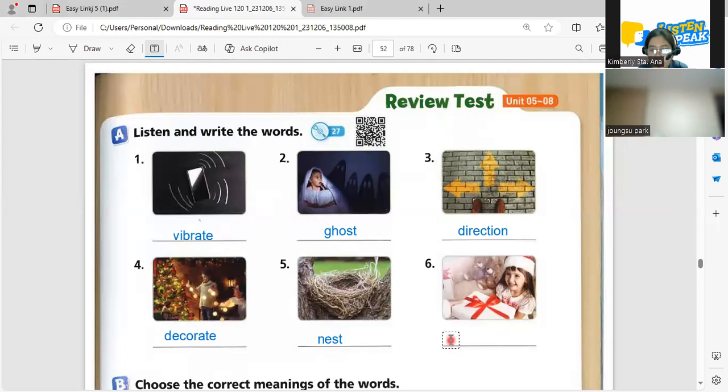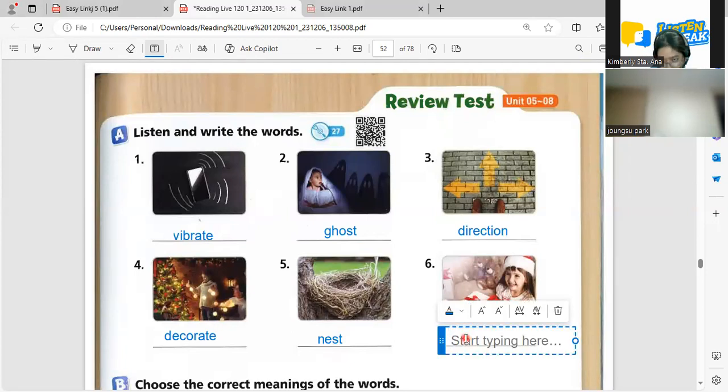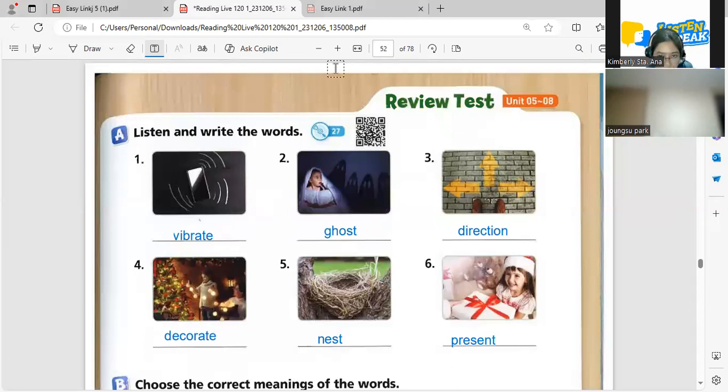How about number six? Number six is give a gift, or we call it a present. Very good.